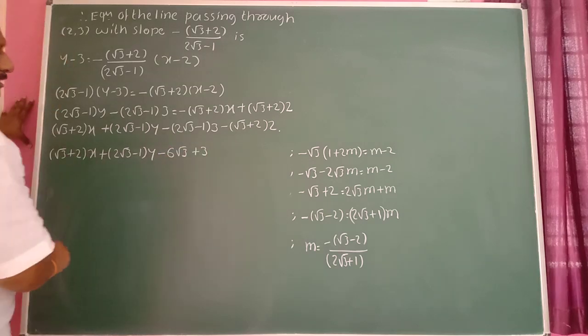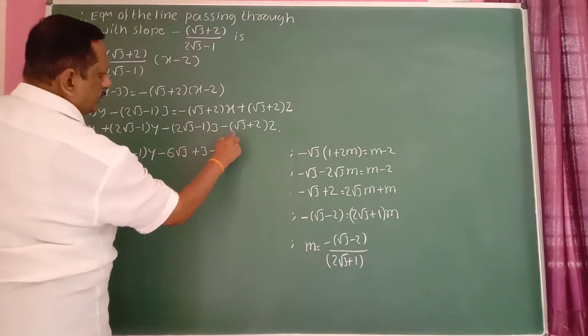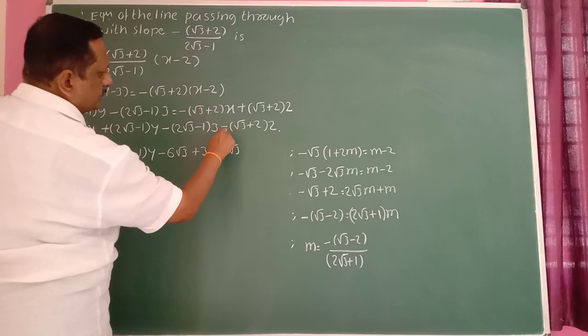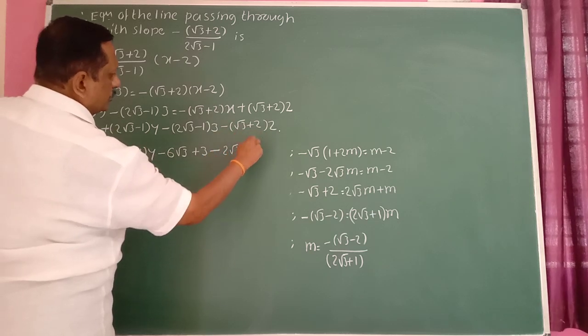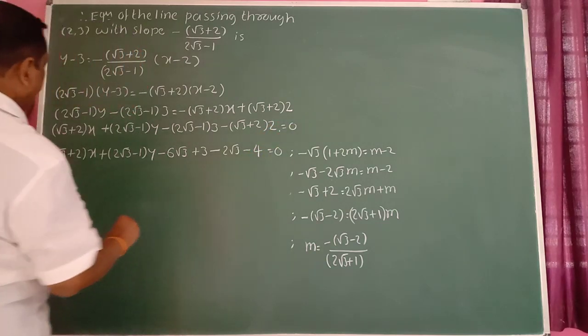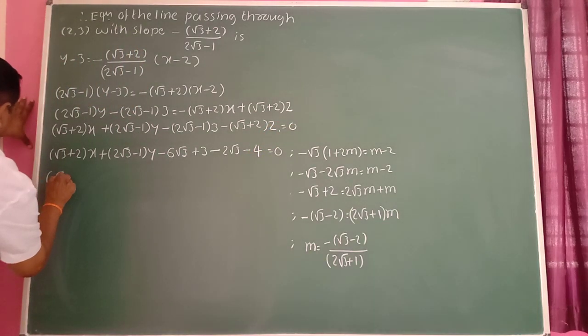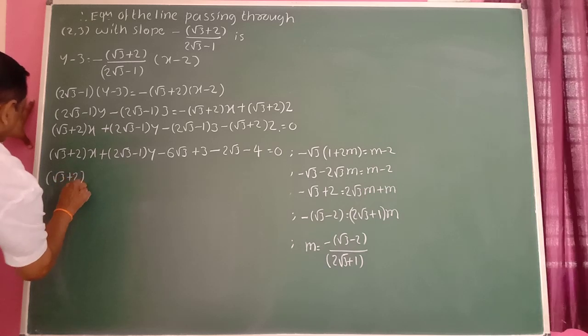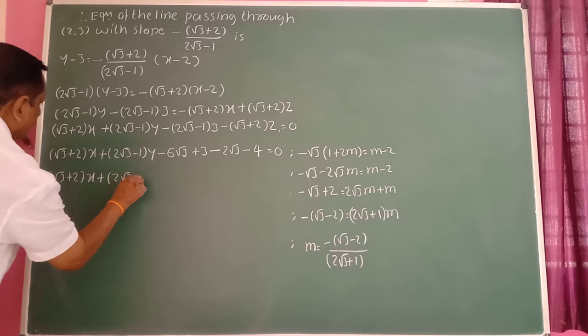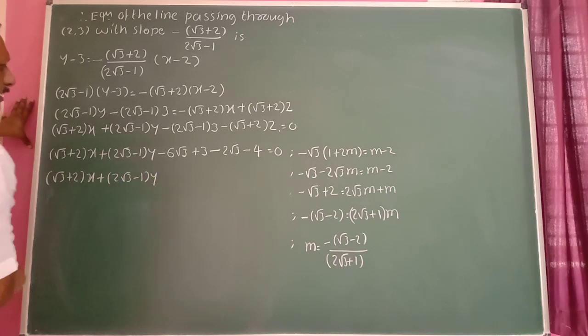Then minus of root 3 into 2, 2 root 3, minus into plus minus of 2 2s are 4 is equal to 0.